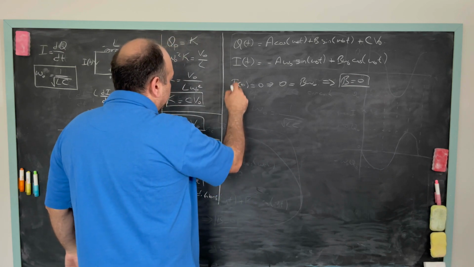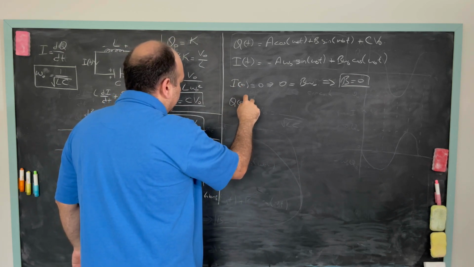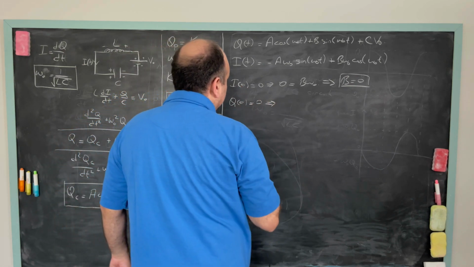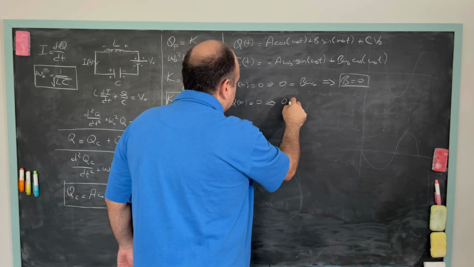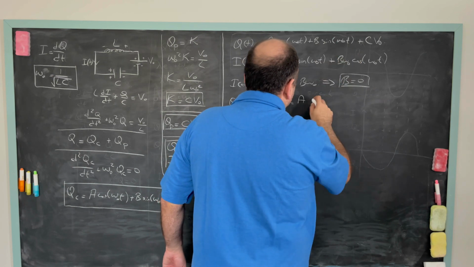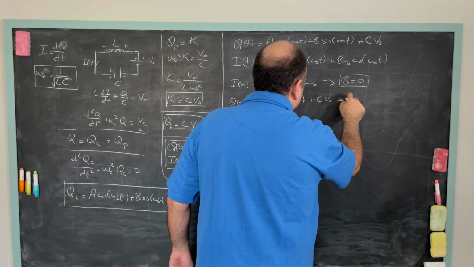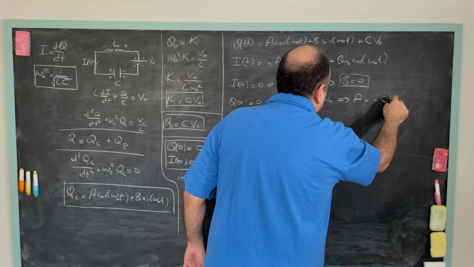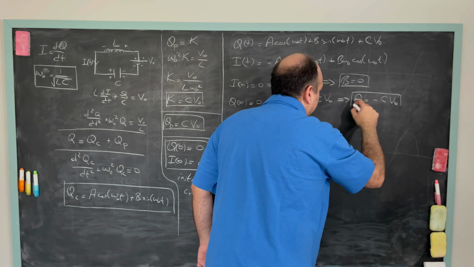Let's look at Q. Q0 is also equal to 0. So this implies that 0 is equal to, cosine 0 is 1, B is already 0, plus C times V naught. So this implies that A must be equal to minus C V naught. Very good.